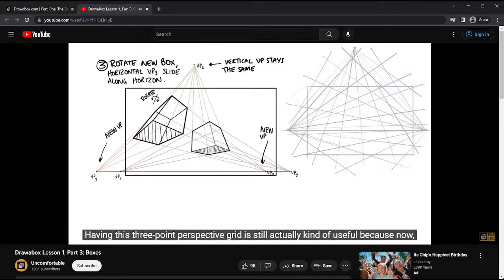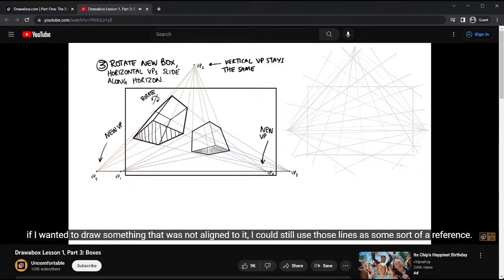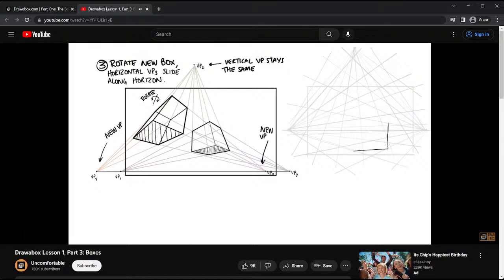Having this 3-point perspective grid is still actually kind of useful, because now if I wanted to draw something that was not aligned to it, I could still use those lines as some sort of a reference.